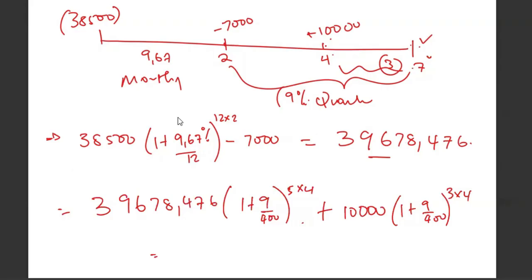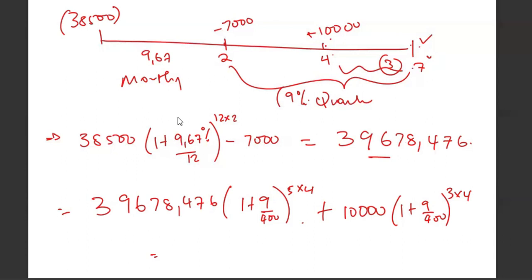Okay, so 39,678.476 into 1 plus 9% over 4 to the exponent of 20, because 5 times 4 is 20. We are adding 10,000 into 1 plus, that's still 9% over 4, to the exponent of 12.